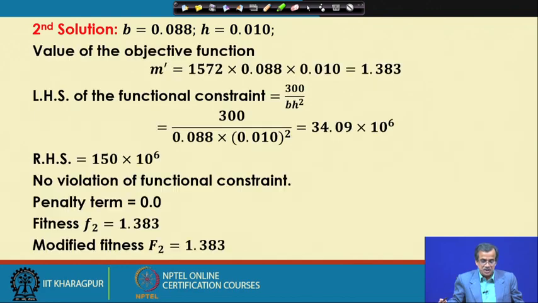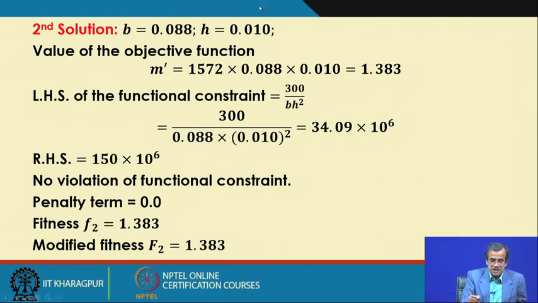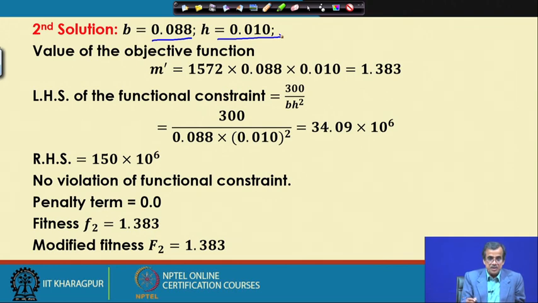Now I concentrate on the second solution. Corresponding to the second solution, b is equal to this, h is equal to 0.010, and the value of the objective function, exactly in the same way, is 1.383 kg.